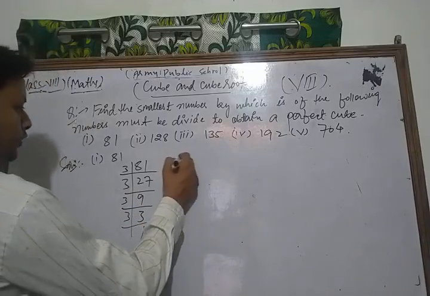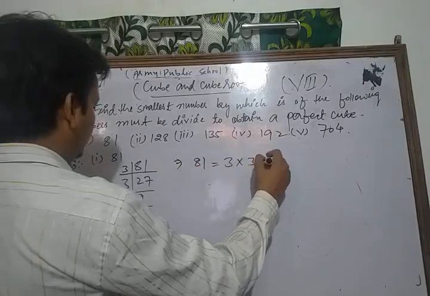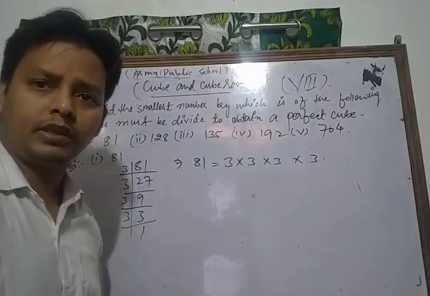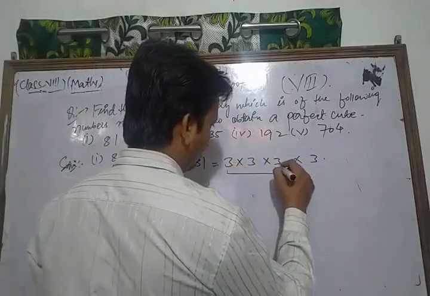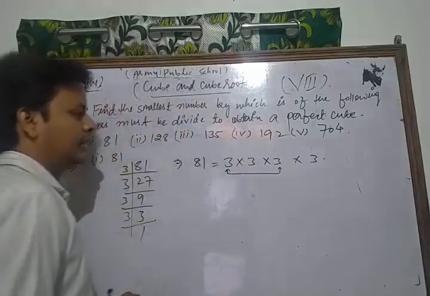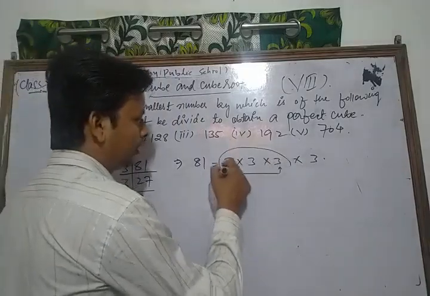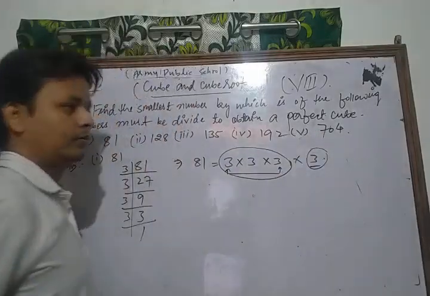So here we can write 81 as 3 into 3 into 3 into 3. So what we observe here, grouping the factors in triplets of equal factors, is that only one triplet is formed and one 3 is left.